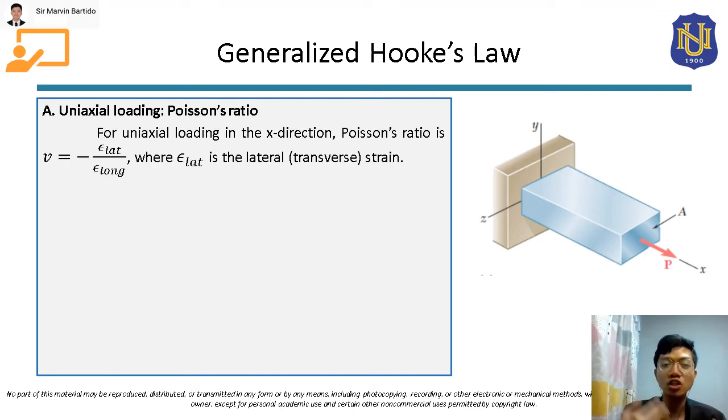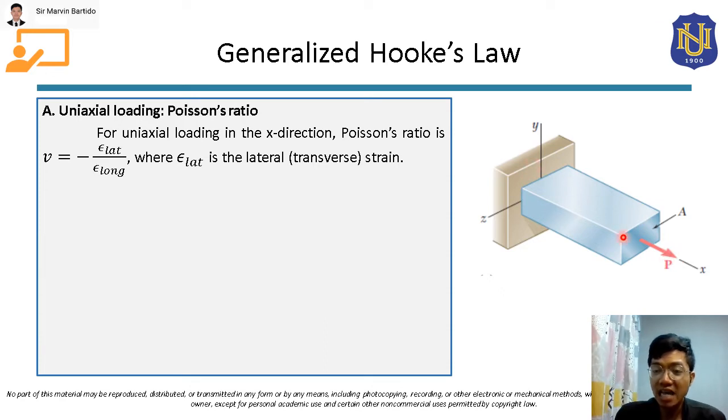So for uniaxial loading in the x direction, Poisson's ratio v is equal to negative strain in the lateral direction over the strain in the longitudinal direction. The longitudinal direction here will be the strain in the x-axis.